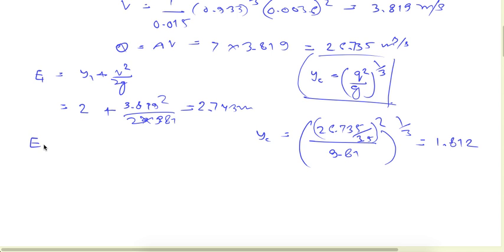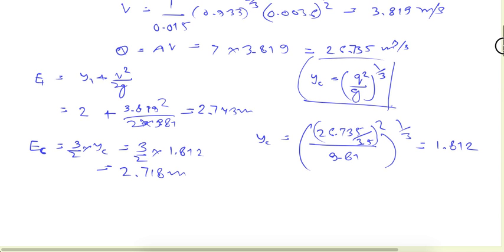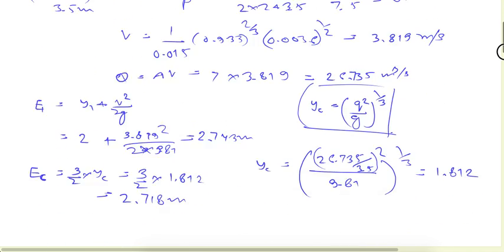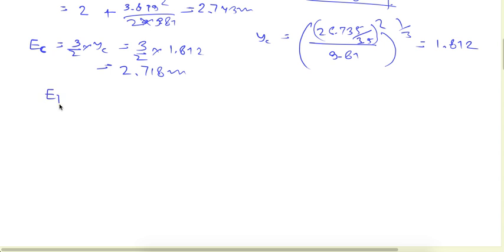And we know the specific energy corresponding to critical depth is 3 by 2 yc. So 3 by 2 into 1.812 is equal to 2.718 meter. And if we apply the energy equation between section 1 and 2, E1 is equal to E2 plus delta Z max, and this E2 will be Ec.